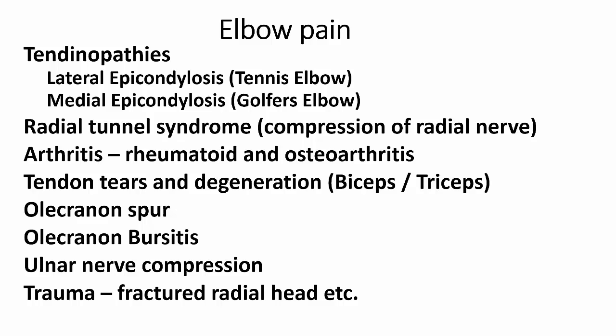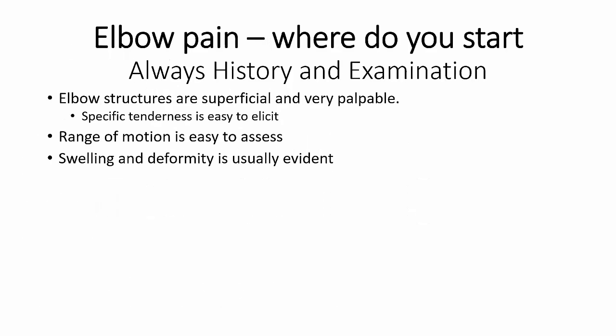The classic thing about elbow pathology, such as mentioned here, is that it's generally quite easy to diagnose, but it's often quite hard to treat, which is very frustrating. Now, where do you start? I think history and examination is clearly always the first step. The elbow structures are generally quite superficial and fairly easy to palpate, to feel.